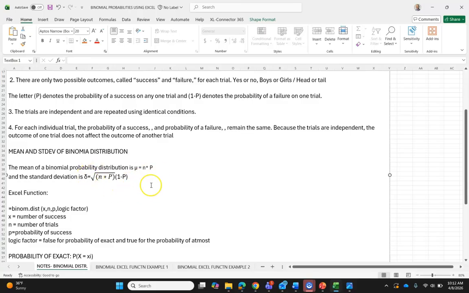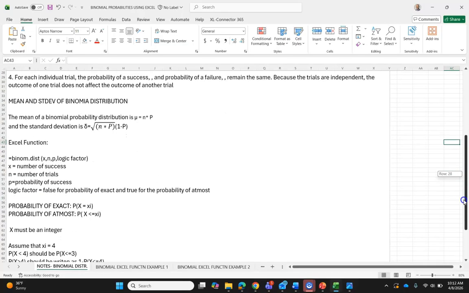So these are important formulas that we'll use when we have to find the average and standard deviation of the binomial distribution. Now, we need to use an Excel function to calculate binomial distribution kind of questions.